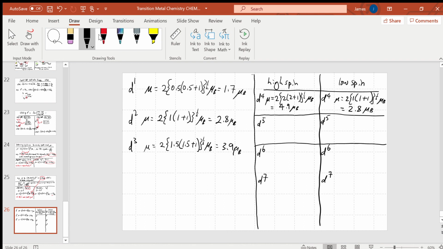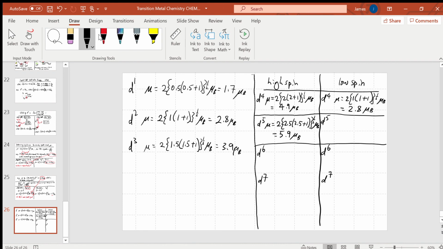Let's have a look at D5. D5 high spin, we would have 2. And then if it's high spin, it would be 2.5. So 2.5, 2.5 plus 1, square rooted multiples of Bohr magneton, which is 5.9 Bohr magneton.